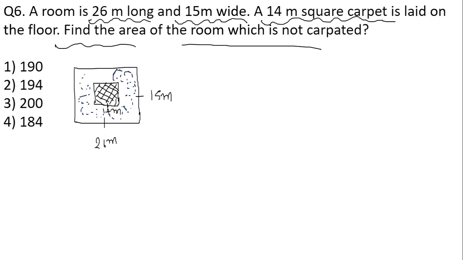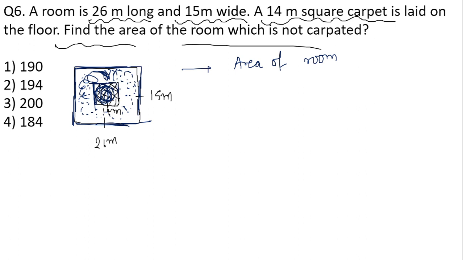How can we find this? We can find it by finding the area of the room first. We'll find the area of the total room, this one, and then we will subtract this carpeted area.